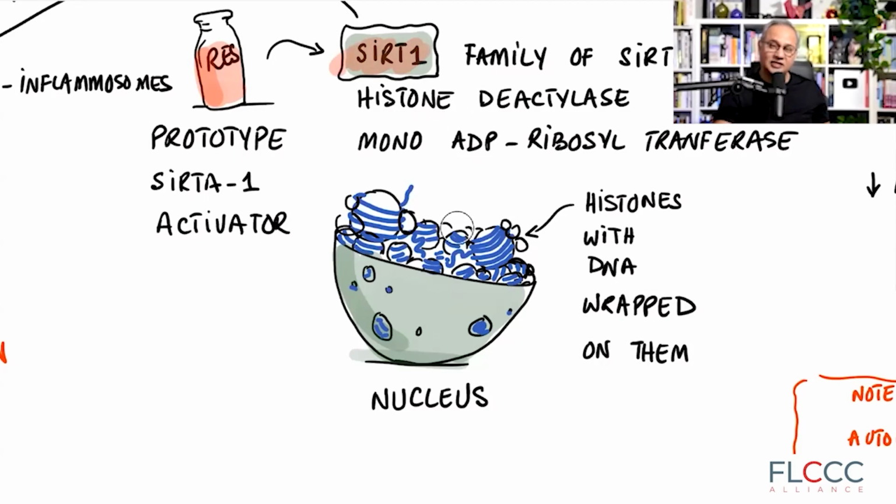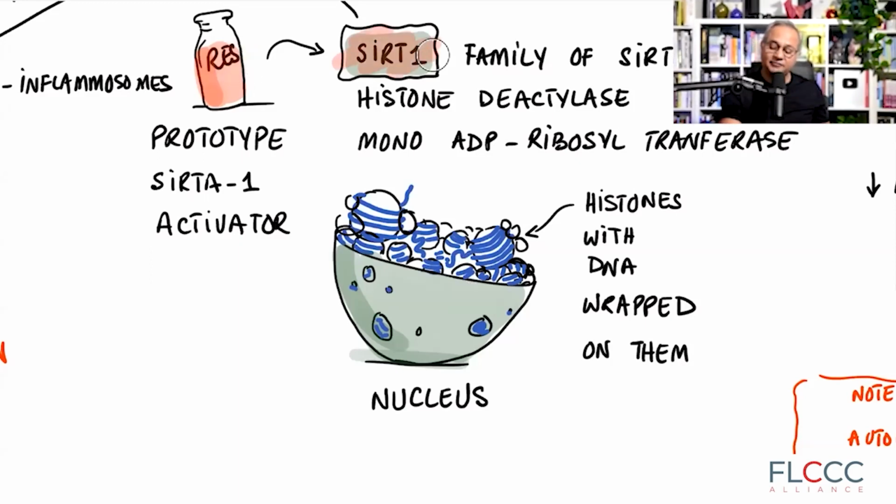SIRT1 is a protein enzyme. It is an enzyme of the sirtuin family. This enzyme functions to tightly wrap DNA on histones. You can think of the function of SIRT1 as helping with the gene expression of a cell that is in need of various functions.